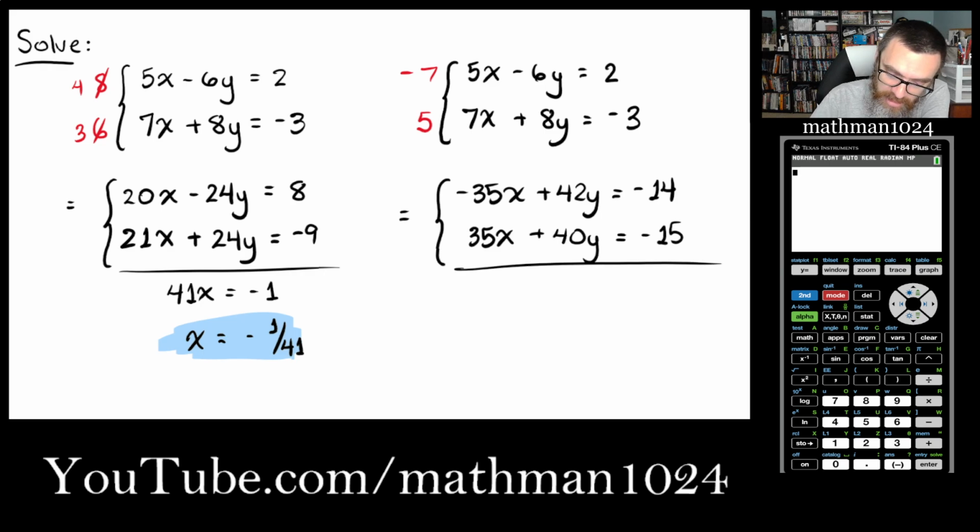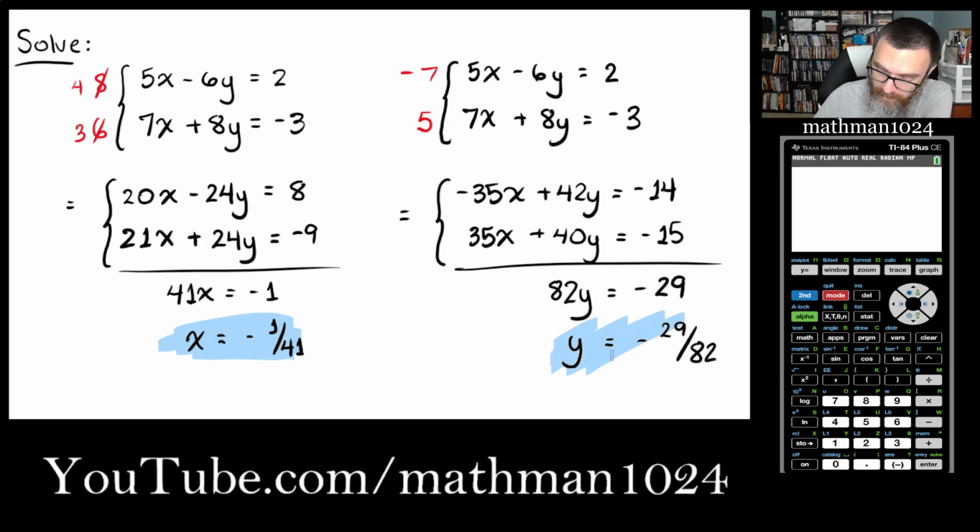These are going to go away, so we have 82y equals negative 29. Divide both sides by 82, and we have negative 29 over 82. That should be the other half of our ordered pair.